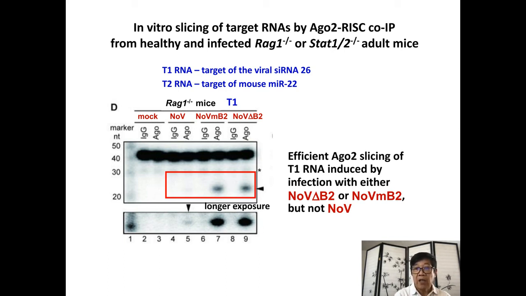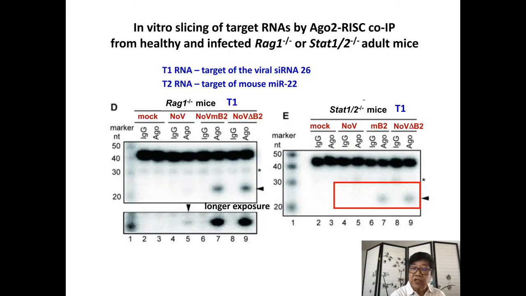But the splicing of T1 RNA is very weak in wild-type virus-infected mice, and you have to have a longer exposure to see the cleavage band. This indicates that B2 expression blocked or suppressed the production of splicing competent viral siRNA ARGO2 complexes.